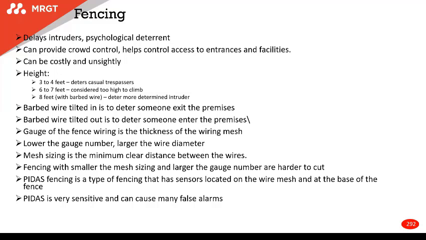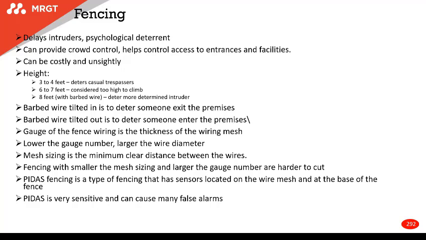Most of the time, these fences have some barbed wire wound or engraved onto them, and this barbed wire has some tilt, and this tilt sometimes decides the purpose of the fencing security. If they are tilted inside the facility onto the fences, it means we are trying to keep people inside the facility.